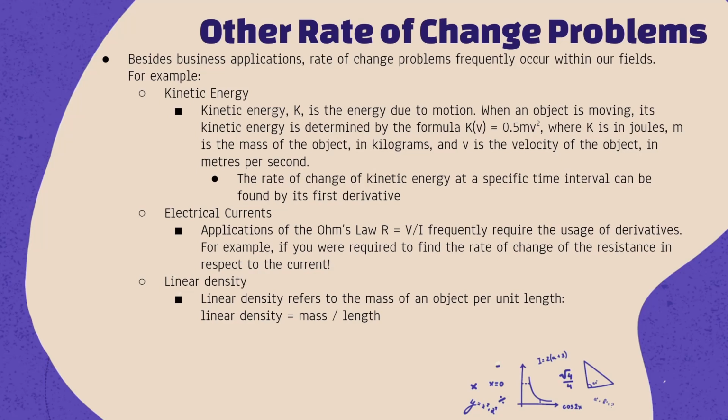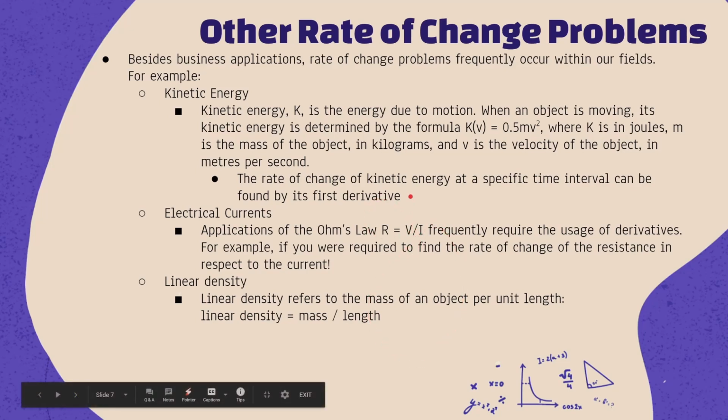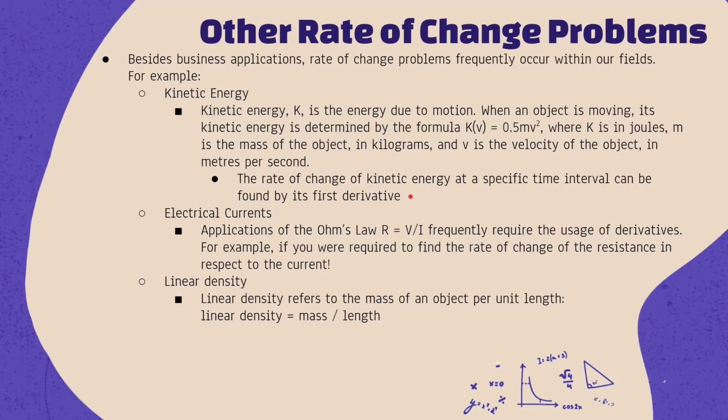So rate of change of voltage compared to the current, the rate of change of current compared to the resistance, stuff like that. Either way, rate of change is the derivative. So if you could make the equation above, right, if you're given one of them, you can express it and then find the derivative of that equation.